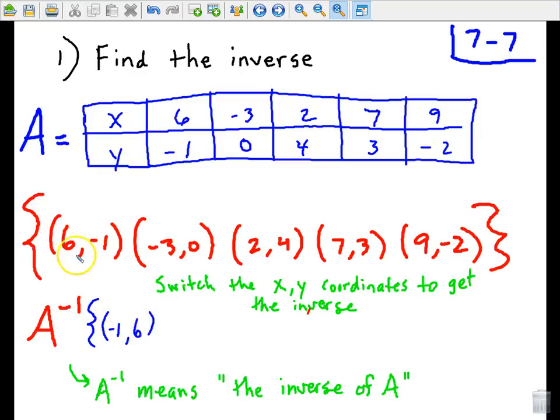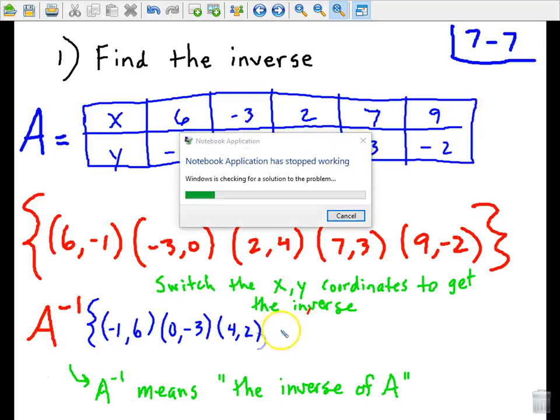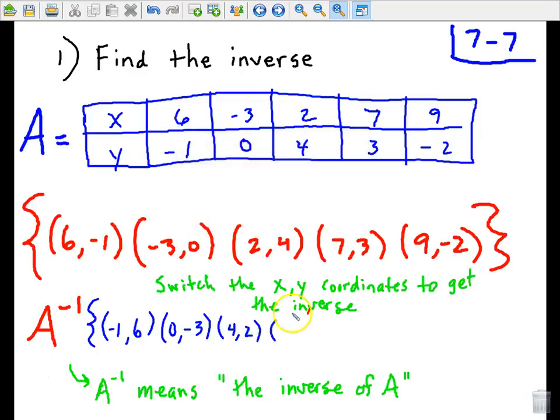So if relation A had the point 6, -1, the inverse of A would have -1, 6. And that would be true for all of the ordered pairs. You would just go down the line, and when you switch places with the xy coordinates, that represents the inverse of the relation.